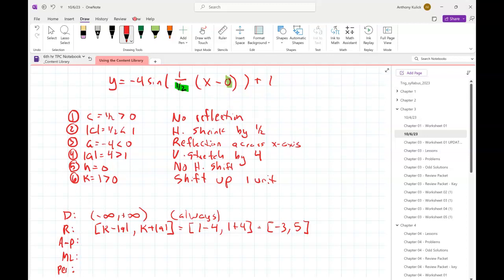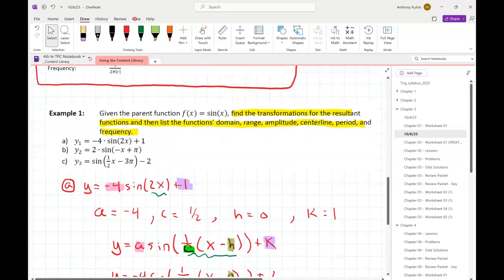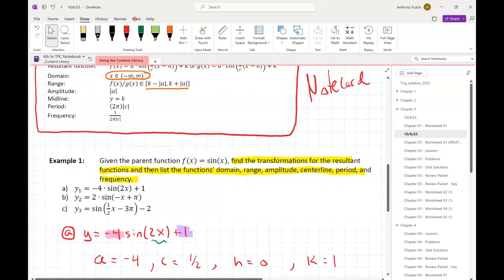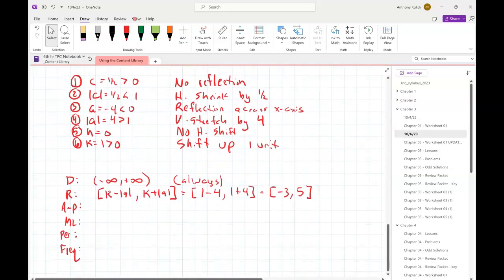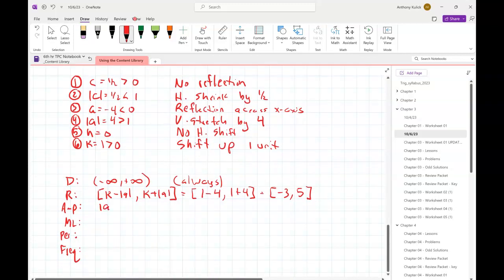Everybody's okay there? If I go back to that list, the amplitude is just the absolute value of A. So the absolute value of -4 is just 4. That's my amplitude. That's easy.